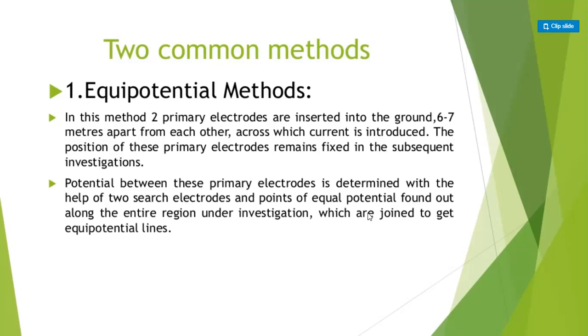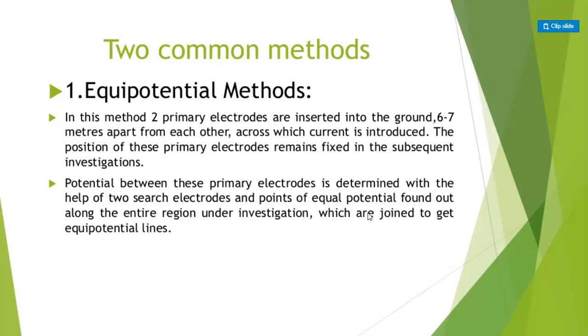The Wenner configuration was developed by Wenner in 1912. It is shown in the figure. In this configuration, the two current electrodes A and B and the two potential electrodes are placed in a line with each other, equidistant from one another and centered on some location.